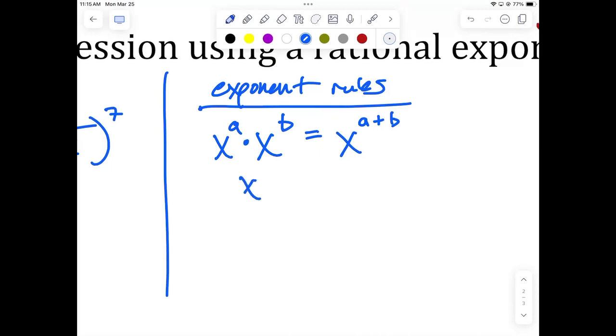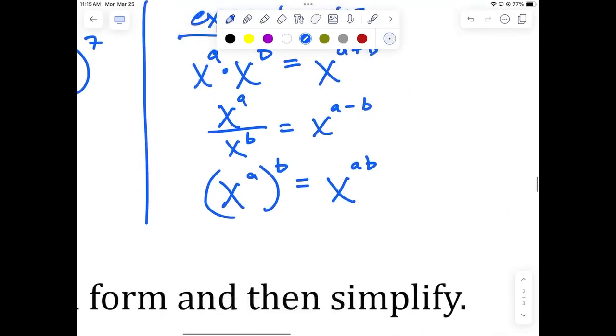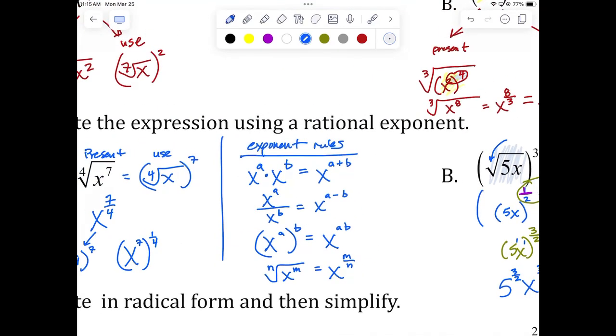If you have x to the a divided by x to the b, you subtract them: x to the a minus b. If you have x to the a raised to the bth power, that becomes x to the ab, a times b. And now we can add this: the nth root of x to the m is x to the m over n. So there's your new exponent rule. We've added one to it.